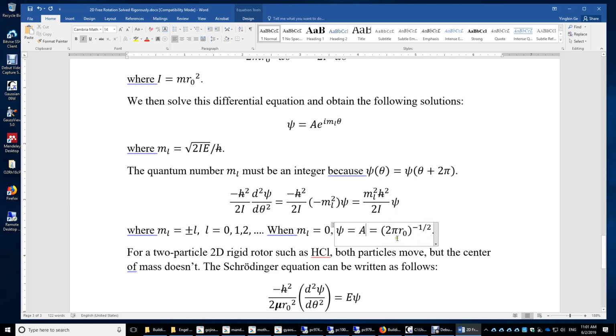So this squared is 1 over 2 pi r naught, and we integrate this constant over the entire space, which is 2 pi r naught, and then you have 2 pi r naught divided by 2 pi r naught, you get 100%. The physical meaning is the probability of finding the particle on the ring with a constant radius r naught is 100%.